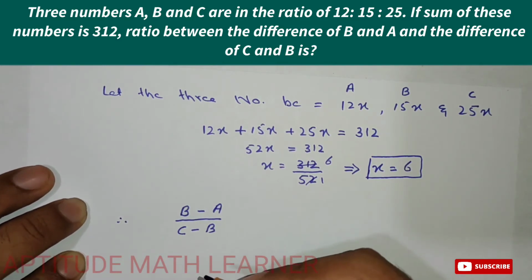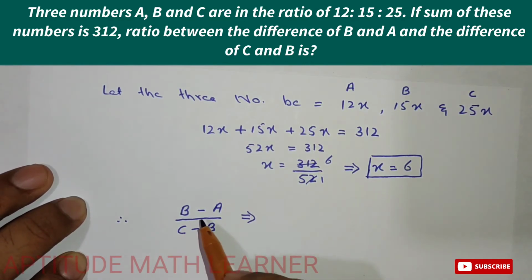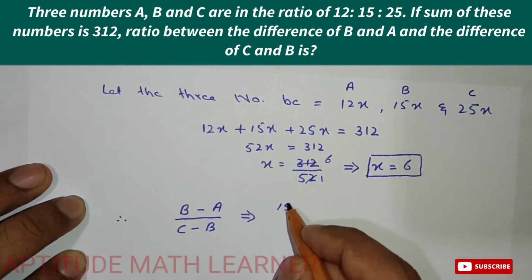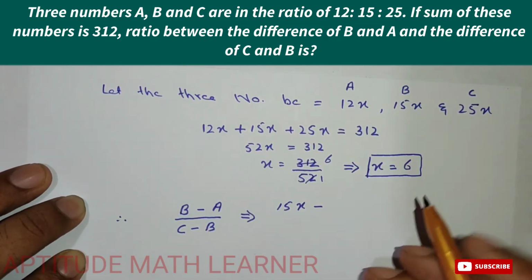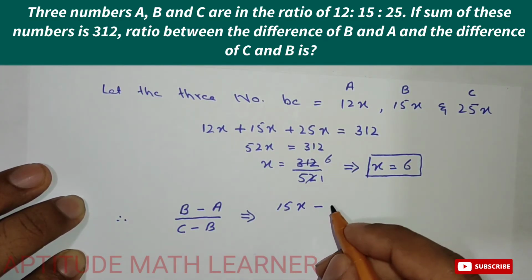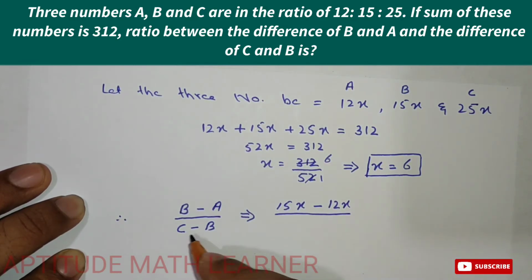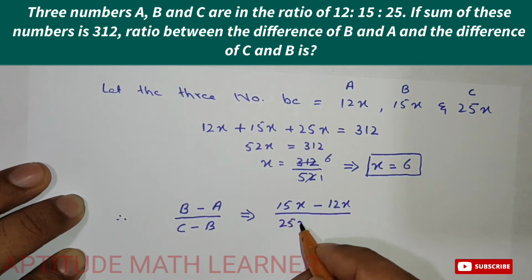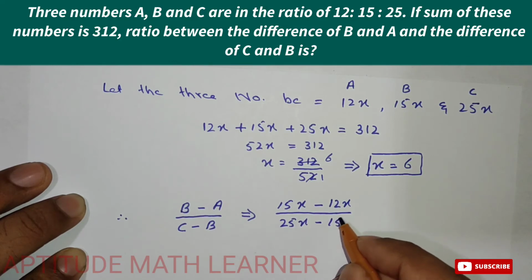So the difference of B minus A, B we are having is 15x, minus A which is 12x, upon C which is 25x minus B which is 15x.